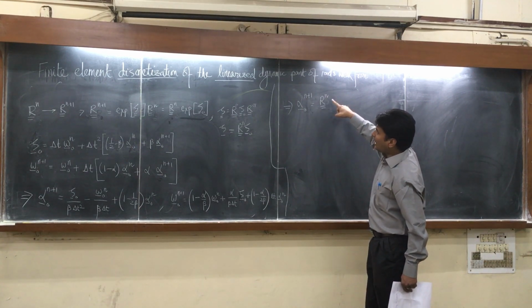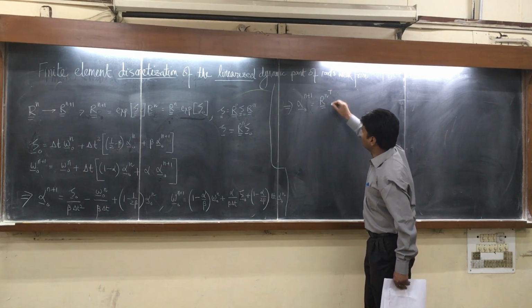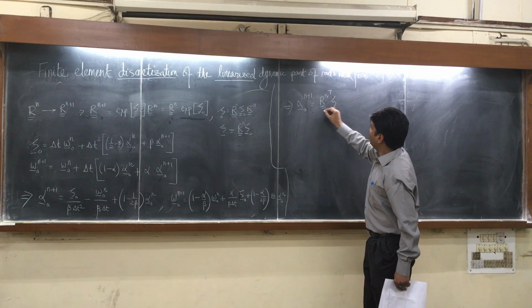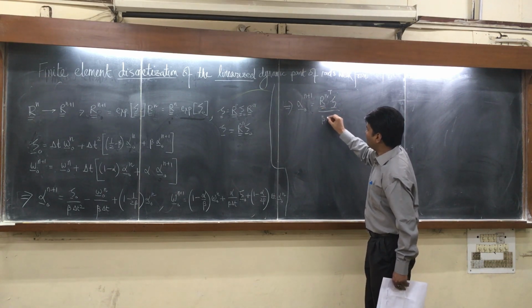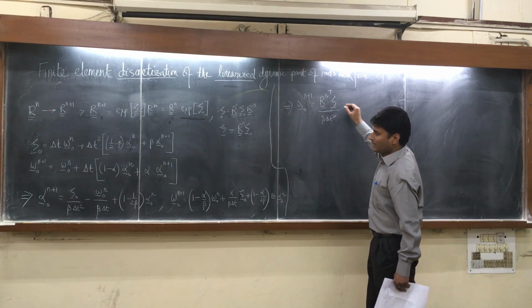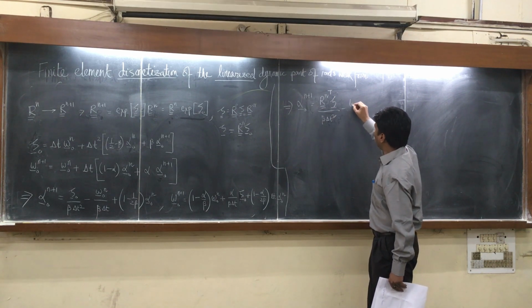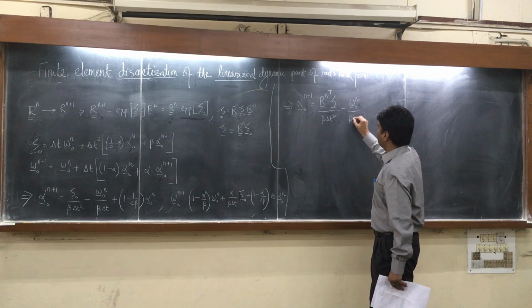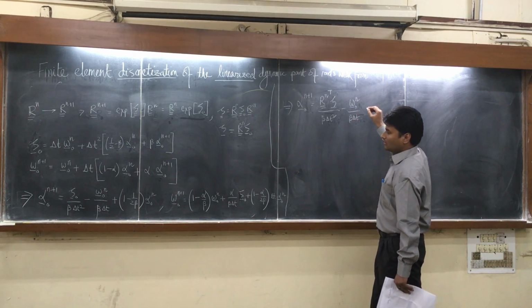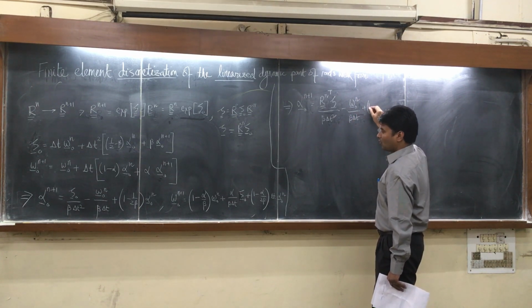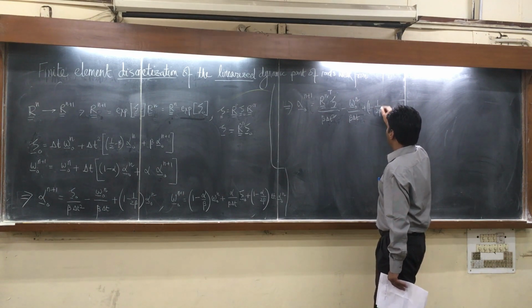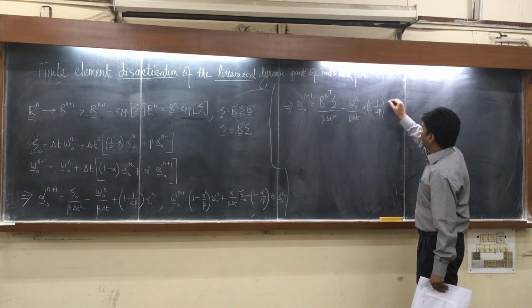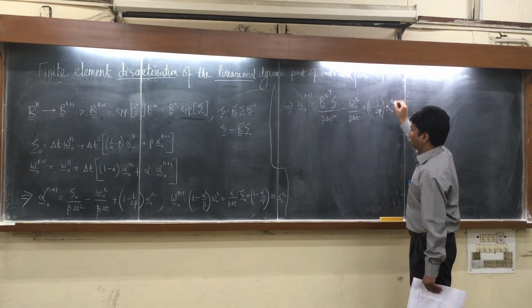And this is supposed to be R of n transpose into zeta divided by beta delta t square minus omega naught at n over beta delta t plus (1 minus 1 over 2 beta) into alpha naught at n.